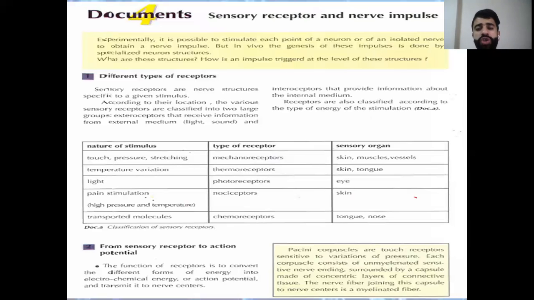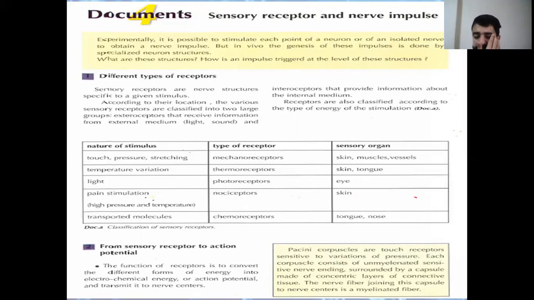We have photoreceptors, which respond to the light stimulus, mainly in the eye. And also we have the pain receptors, which are called nociceptors. And we have the chemoreceptors that detect changes in the concentration of some ions and chemicals, at the level of the tongue as well as the nose.